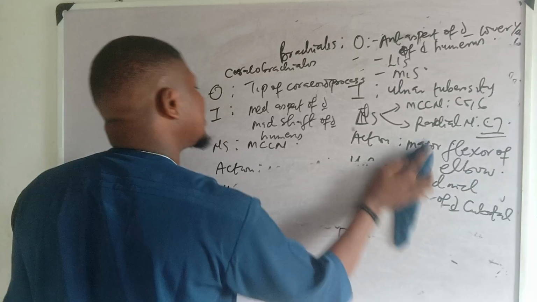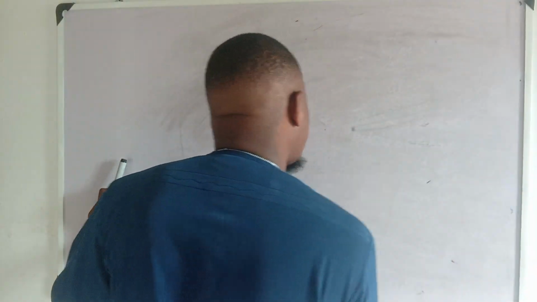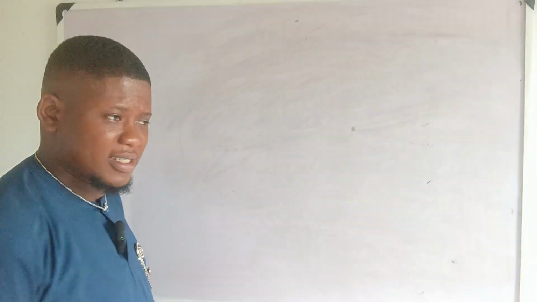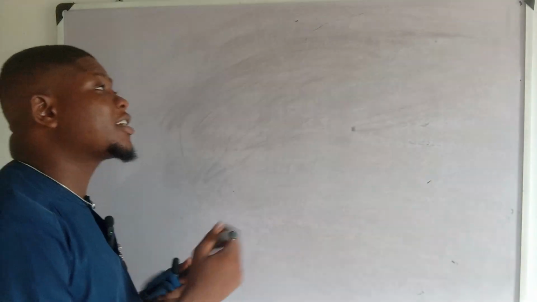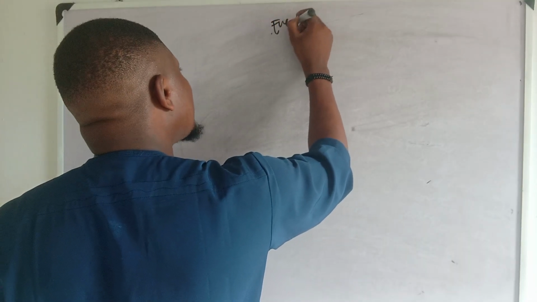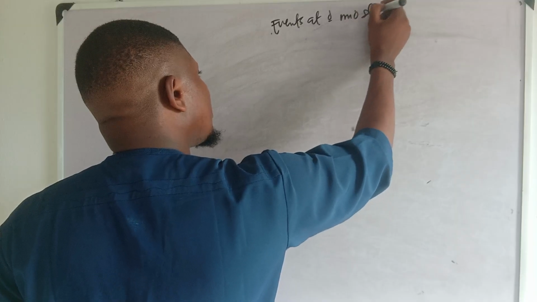Then the next thing about these muscles: one popular question is to ask for the events at the insertion of coracobrachialis. They can retwist the question to say, what are the events at the mid shaft of the humerus?